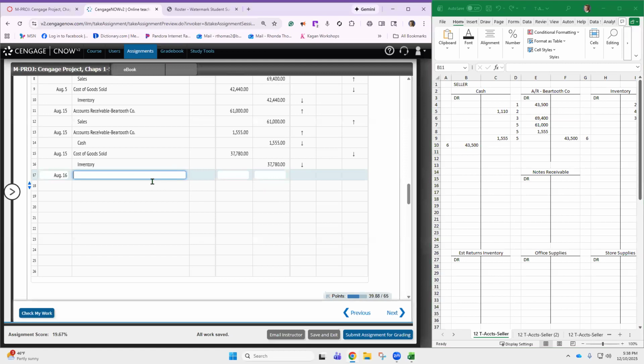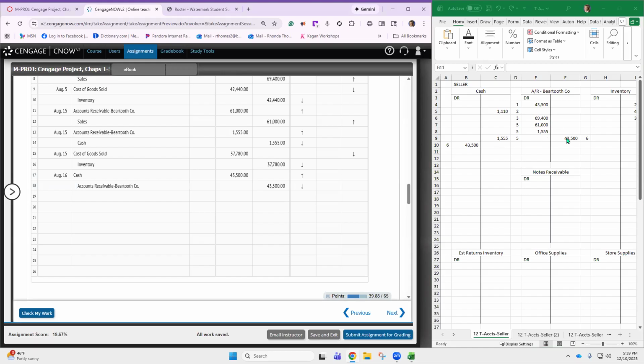So cash is going to go up for 43,500. And the AR for Beartooth is going to go down because they're paying us the first sale we made. Okay, paying us for this first sale we made.